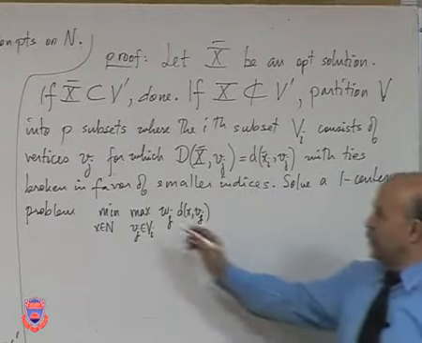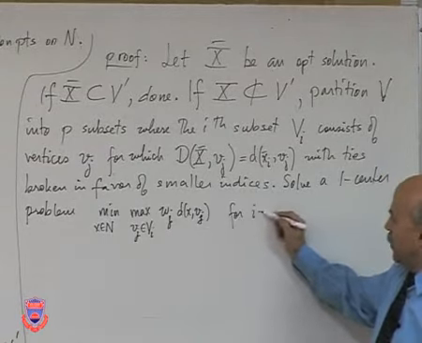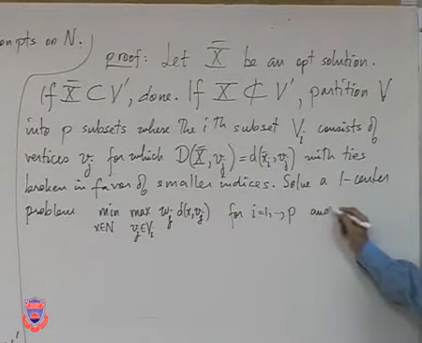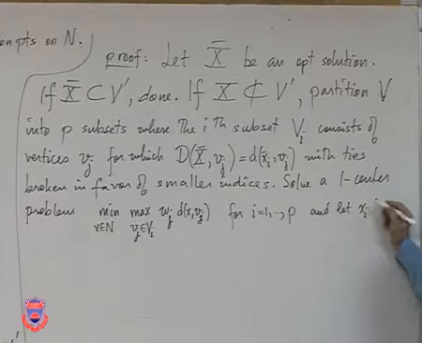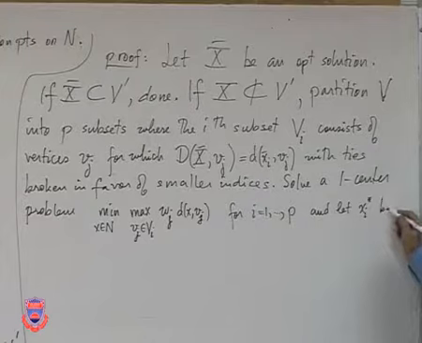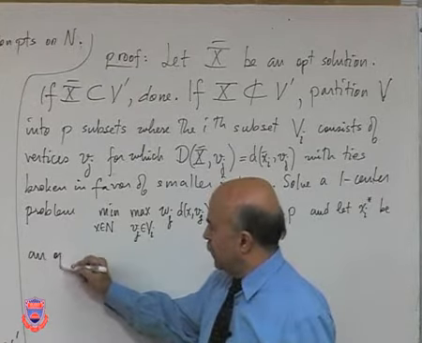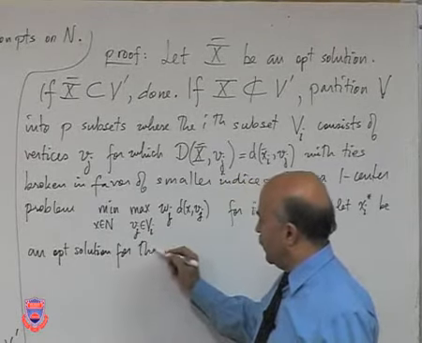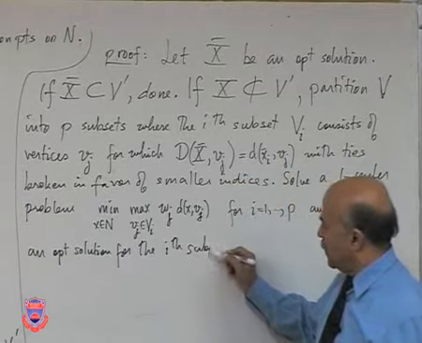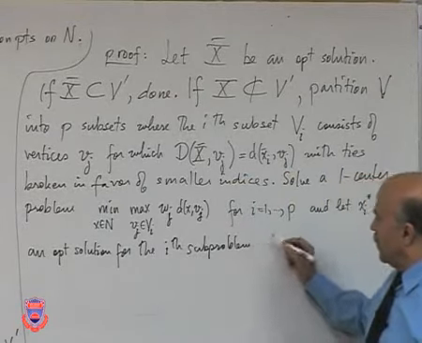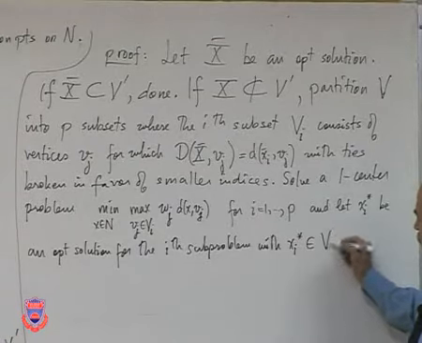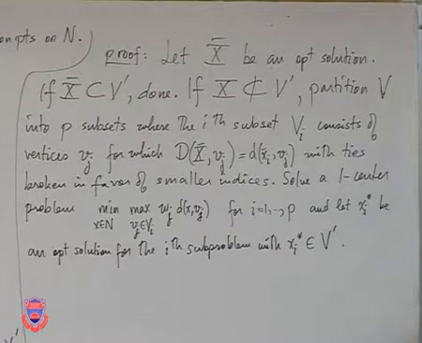So solve a one-center problem of this sort for each i, 1 up to p, and let xi star be an optimal solution for the ith subproblem, with xi star coming from V prime, because for the one-center case we know that there's such a solution. Okay?